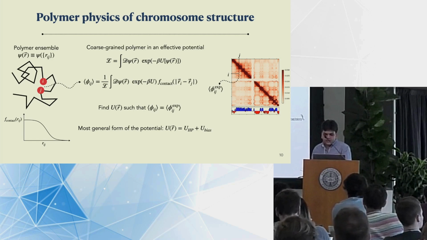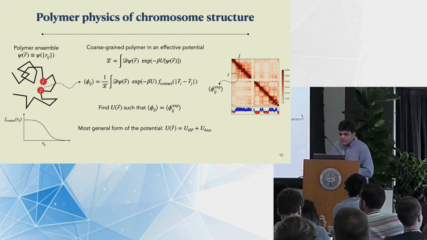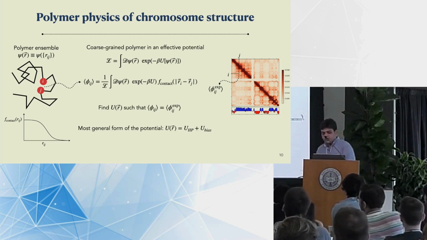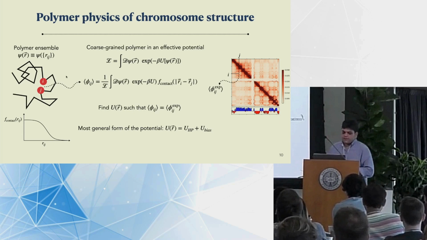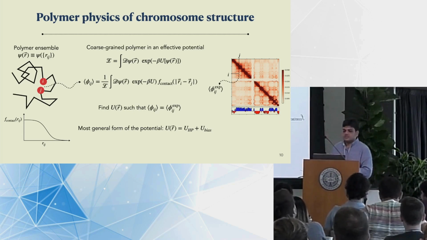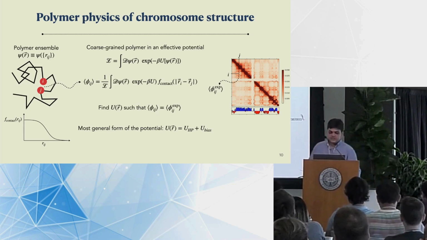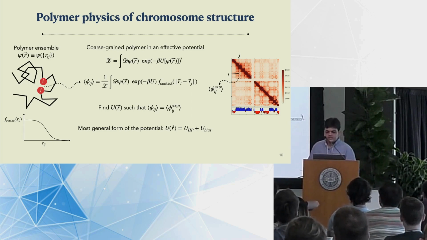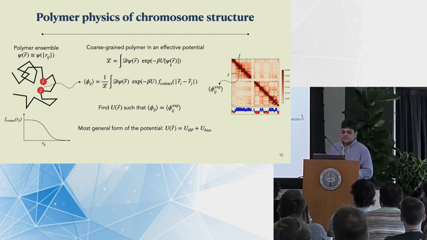The physics of the problem basically states that if you have an ensemble of polymer configurations, denoted by this psi here, then for a polymer we can write the partition function, which is the sum of these exponential Boltzmann factors, right?